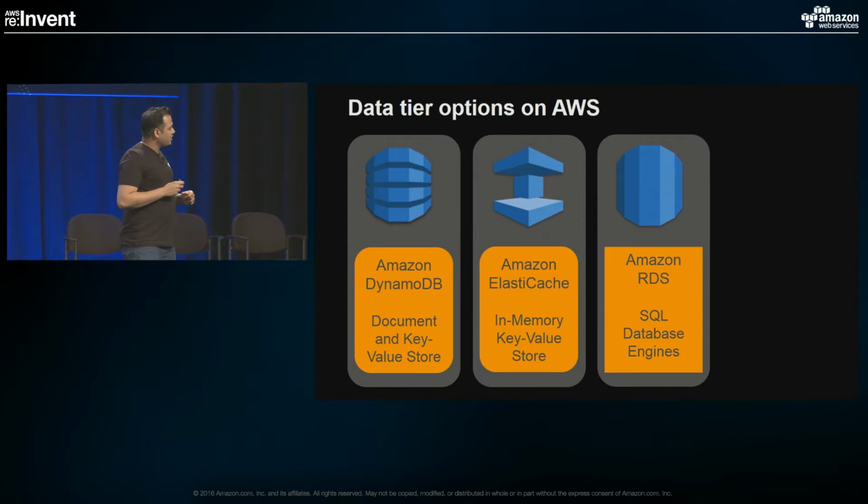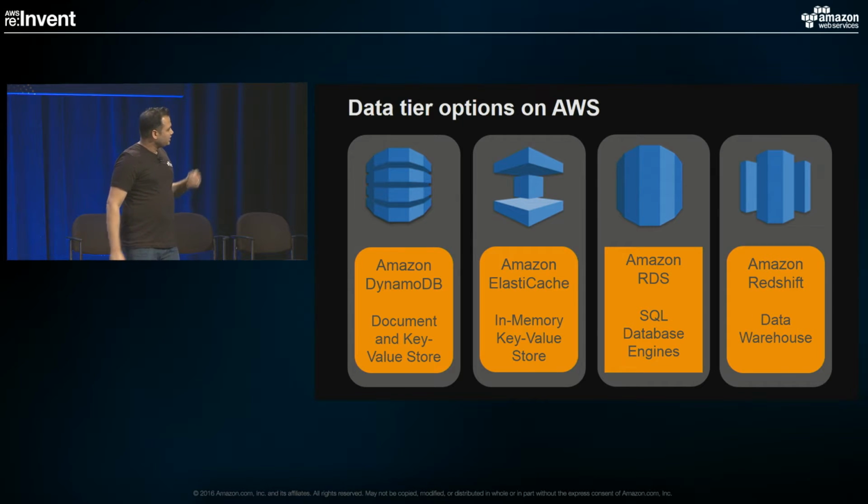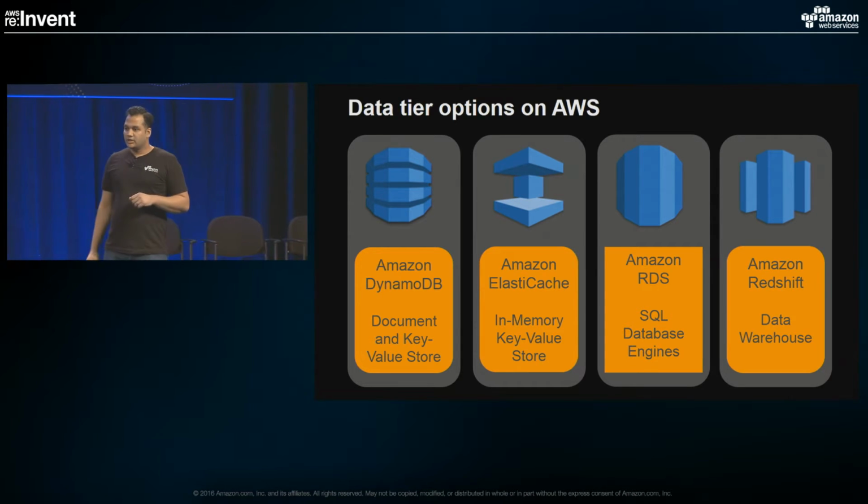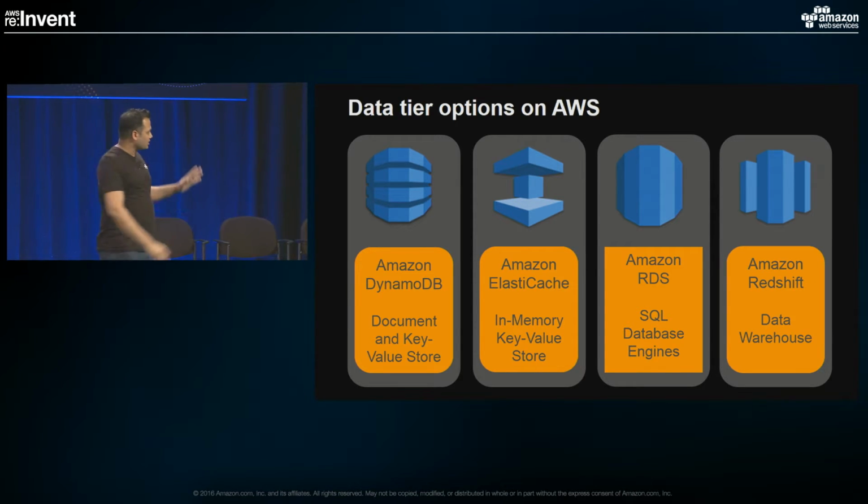And there's Amazon RDS. It is a highly scalable, fully managed relational database. Supports a variety of database engines. Then there's Amazon Redshift. It's our data warehousing solution, primarily for your analytics-based workloads. In this specific talk, we're going to cover DynamoDB, ElastiCache, and RDS.